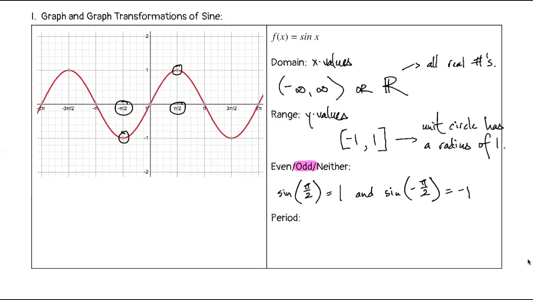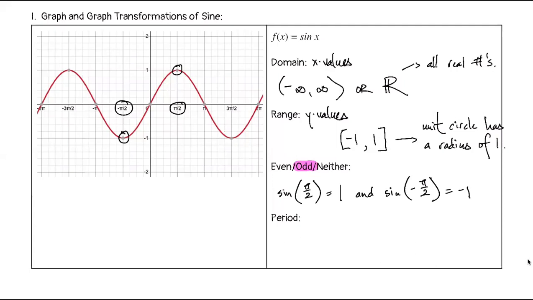Right? And so when we plug in positive x and negative x, and our answers are almost the same except their signs are different, that means that it is odd. Okay? And so this is just an extra confirmation that sine is an odd function.